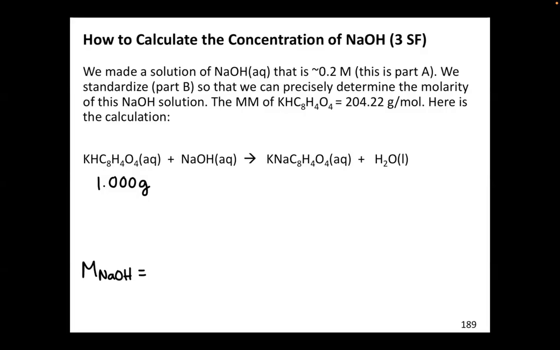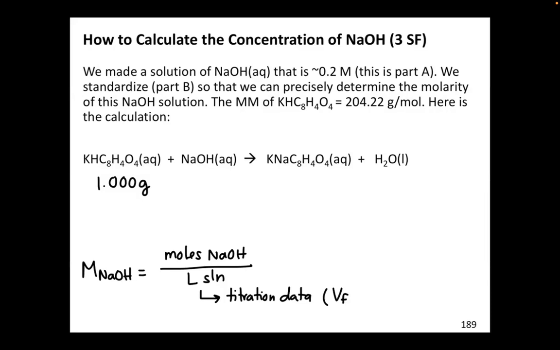Molarity of sodium hydroxide is defined as the moles of sodium hydroxide over the liter of the solution. The bottom part comes from your titration data. That's the part where we took the final volume of the burette reading minus the initial burette reading. It's going to be in unit of milliliter, so don't forget to convert it to liter.